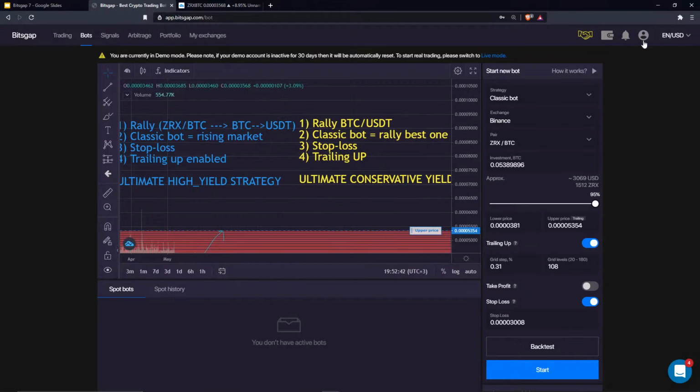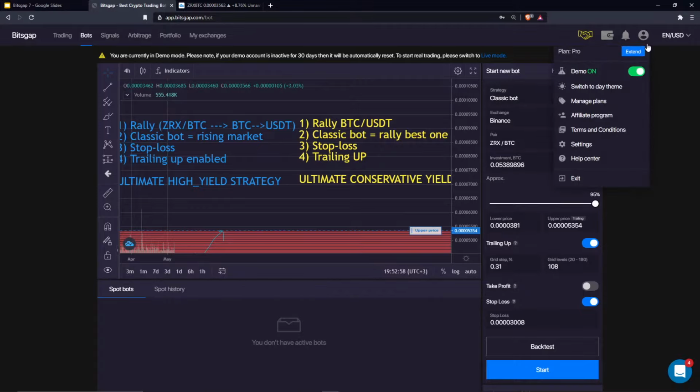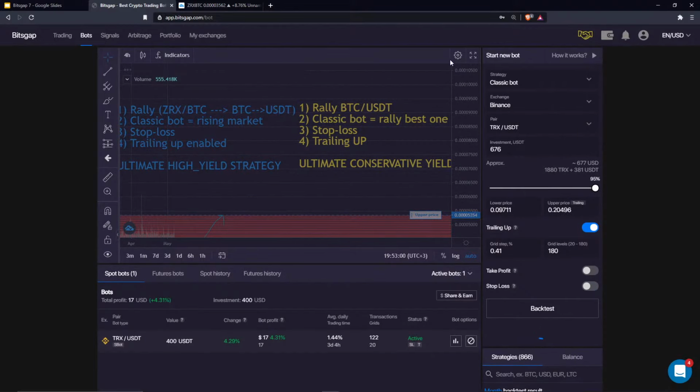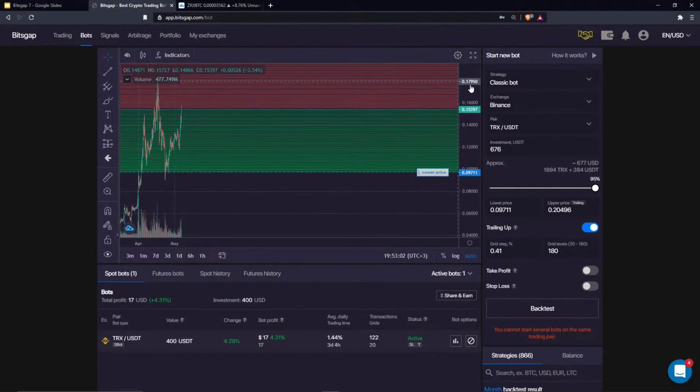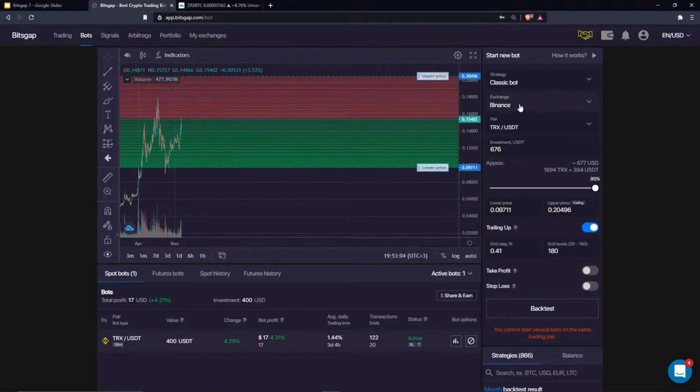This is where most of your experience is required, and that's not for the beginners. So if you never traded futures contracts before, then be careful with the combo bot, because the risk exposure in this trading mode is larger than on the spot market, where we have the classic and the grid bot.